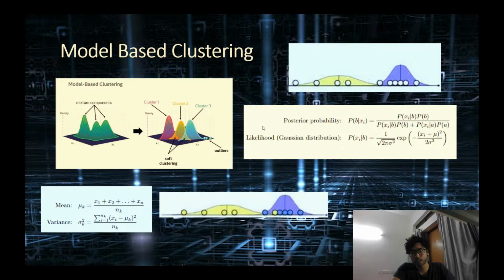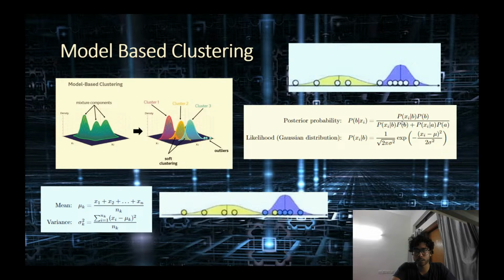You could choose other models as well, but here we are choosing a Gaussian function, right? This is how you calculate the posterior probability. This is just Bayes theorem, nothing else, right? So this likelihood you define as Gaussian, and then the posterior probability. This is just the Bayes theorem.